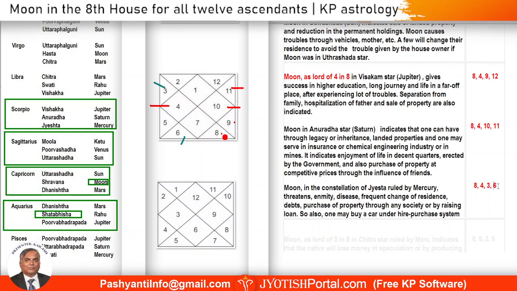But independently, 8 and 6 is not a good combination, and they create a lot of issues for a person, and all of this has been mentioned over here. So this particular combination is not a good combination. This result has been mentioned over here.